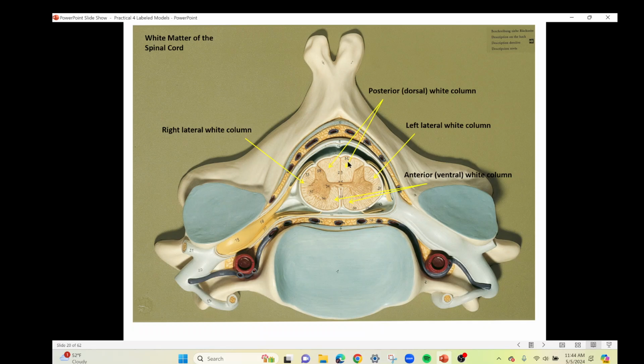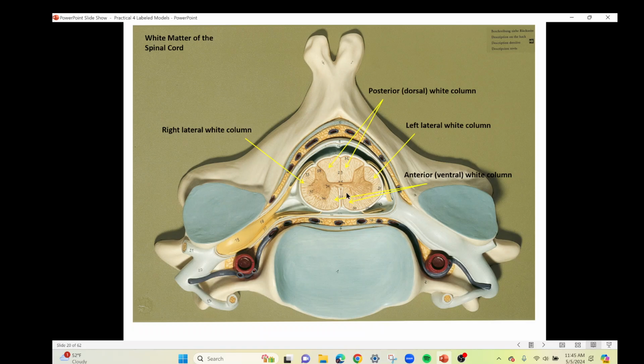Now, around the gray matter is white matter. So any axons that are myelinated are going to appear bright white. So here we have axons running up and down the spinal cord, up to the brain and down from the brain, and they're going to be myelinated. They're going to look white. So these we're going to call columns. This is the posterior white column.